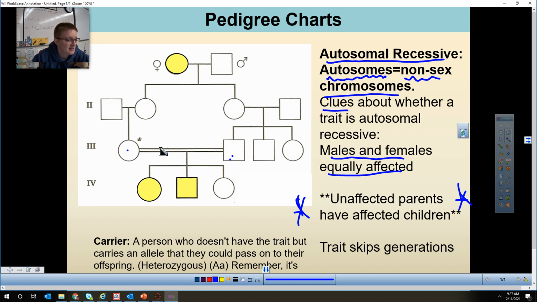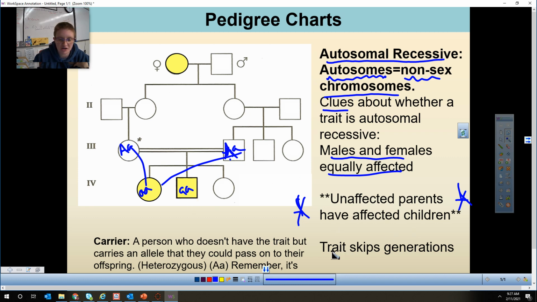If the trait is big A, little a, then these kids must be little a. The parents don't have the trait, so they must have a big letter, but since their kids have the trait, the kids have to be little a. So they must have gotten a little a from dad and a little a from mom, okay?